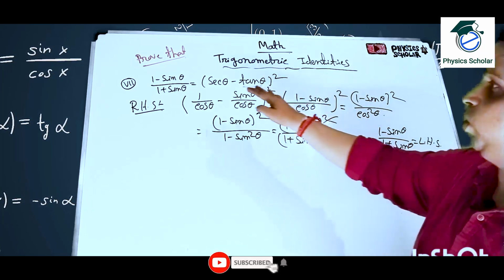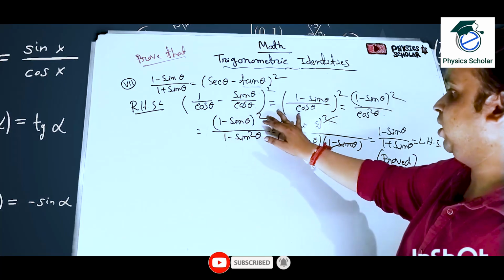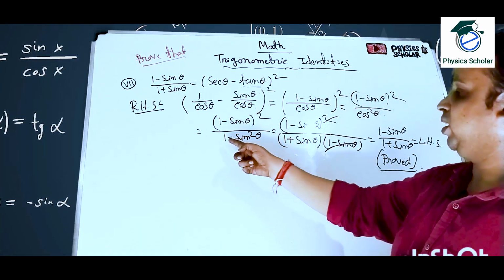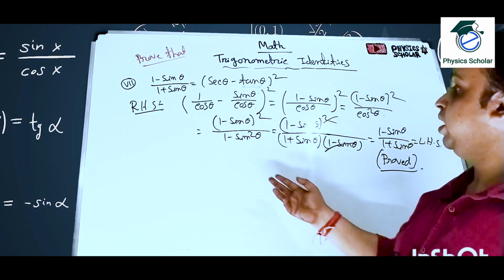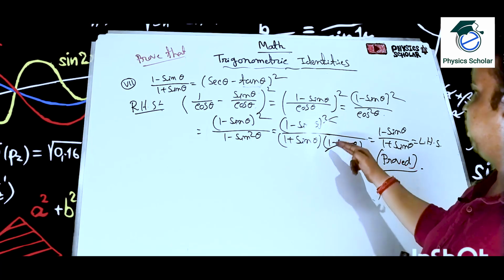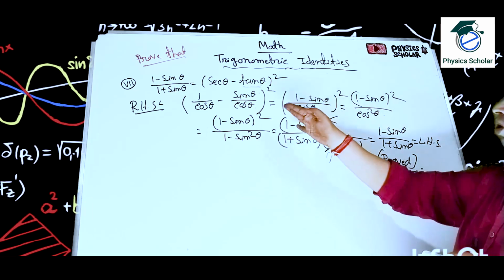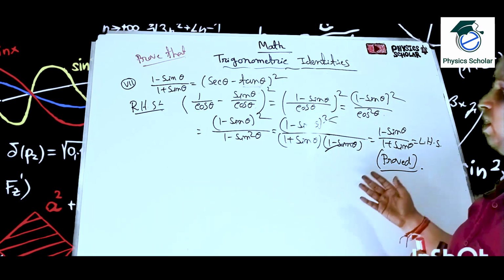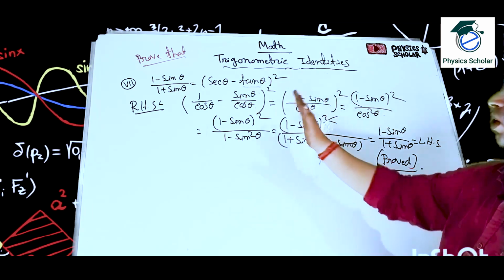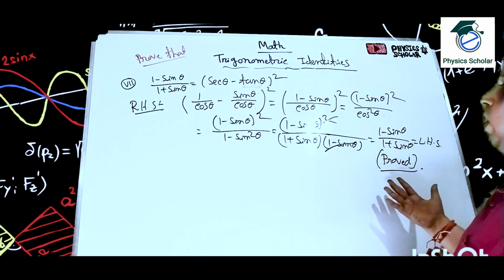As we have to prove 1 minus sin theta, it is there, so we are not changing anything. Cos square theta we can write as 1 minus sin square theta. So it is a square minus b square, a plus b into a minus b. So this and this will be cancelled. So 1 minus sin theta by 1 plus sin theta, which is equal to the left hand side. Clear? So you can pause the video and copy the sum, it is very easy. Hope you have understood this.